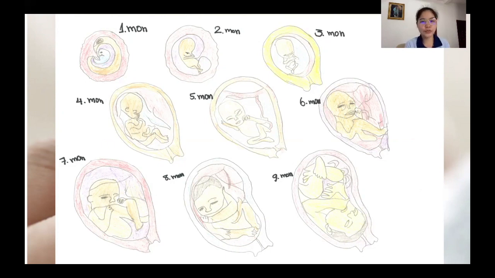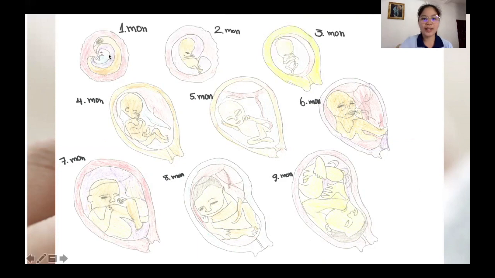Let us move to the second month. In month number 2, the baby is continuing to develop. In this month, each ear begins as a little fold of skin at the side of the head, and the tiny buds that eventually grow into the arms and legs are also forming.